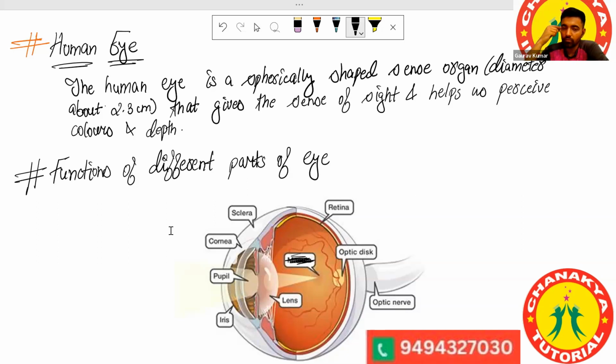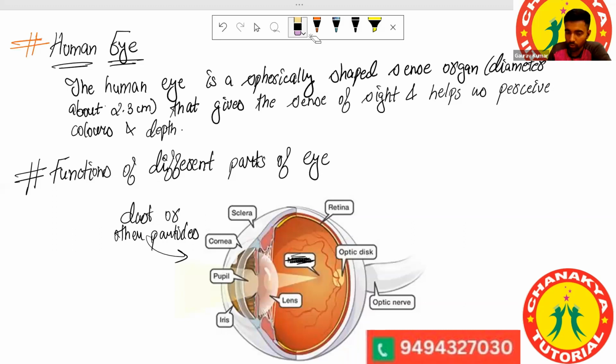Foreign elements means coming from outside, like dust or other particles. Anything which does not belong to the eye is a foreign element. It is coming from outside the eye. So the cornea is the outer layer which protects our eye.